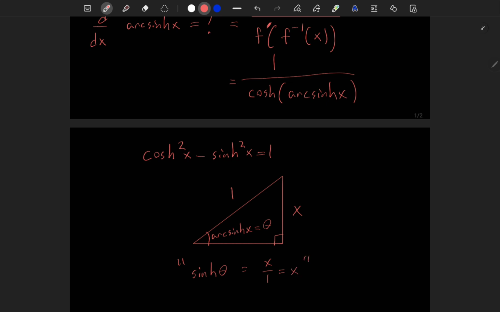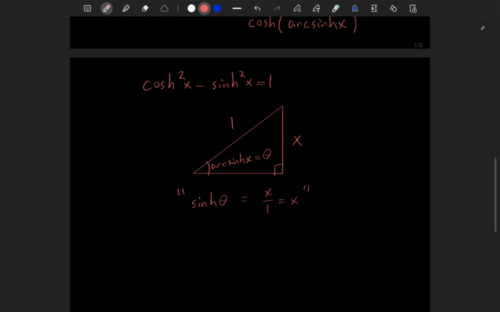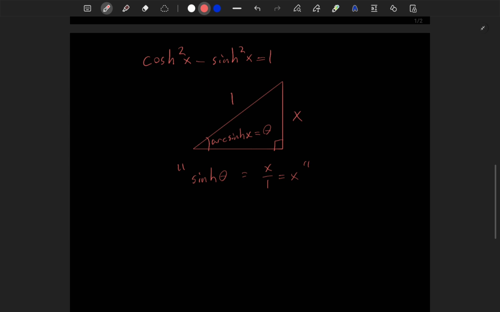This is the mnemonic. I haven't proved this, but it works out. I ought to prove it, but nah. Here's your mnemonic. And with that mnemonic, we're going to do the same thing as we did before.